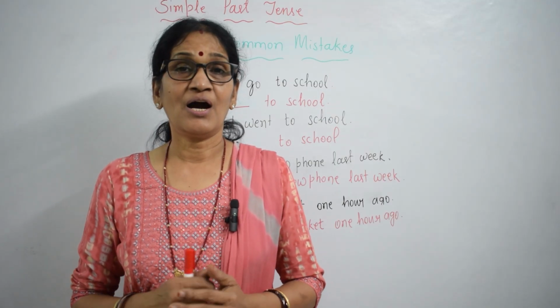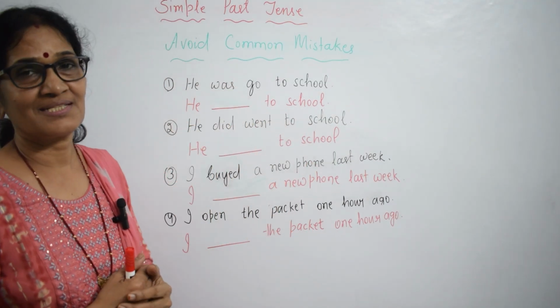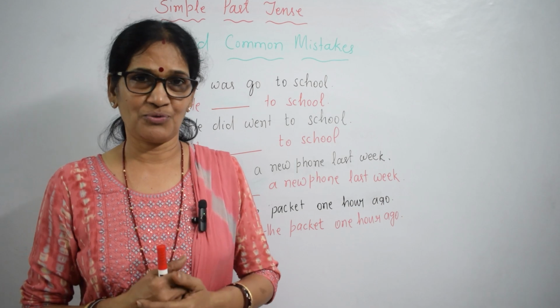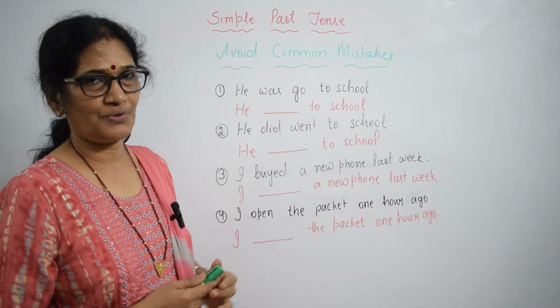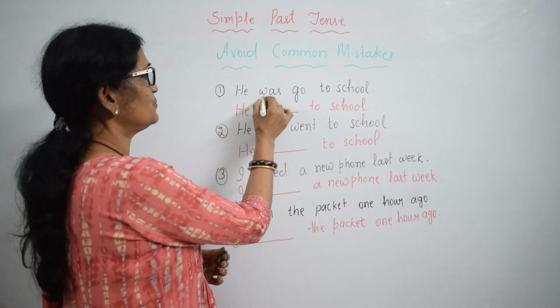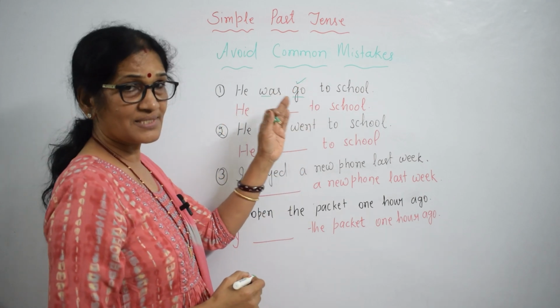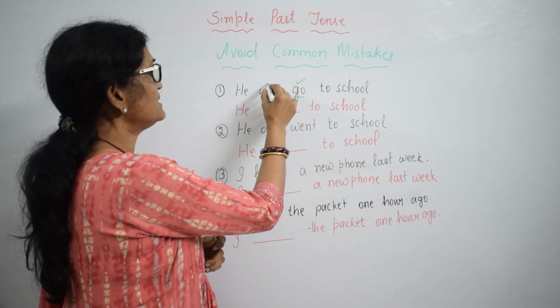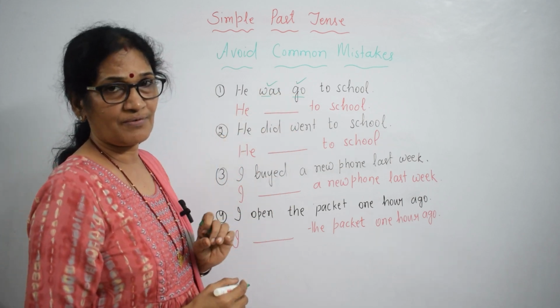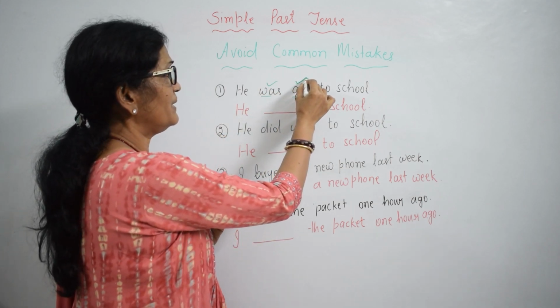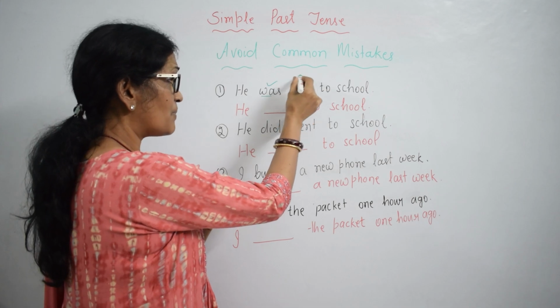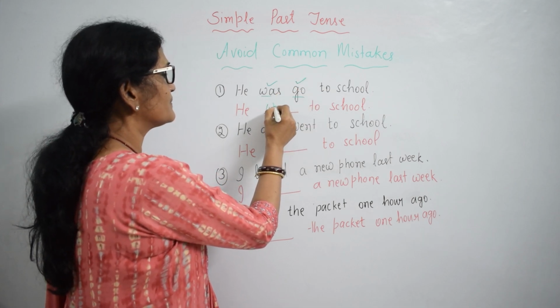Let's understand how to avoid some common mistakes. Students often make this mistake: He was go to school. Here go is an action verb. Was is a stative verb. Here go will be used, so its past form is went.